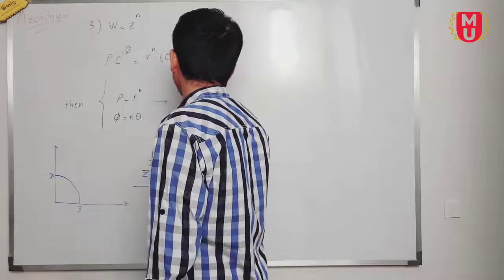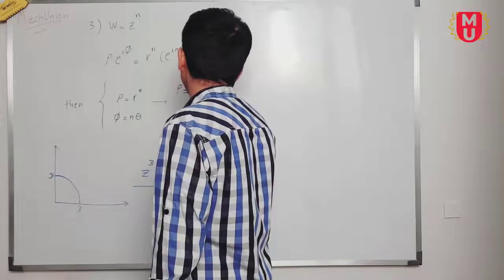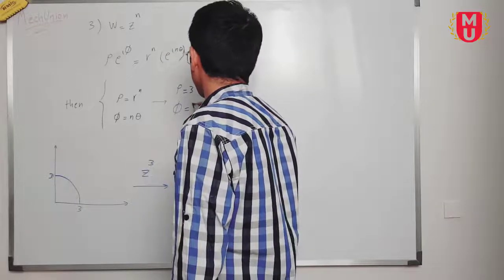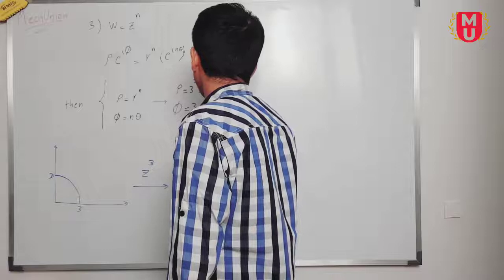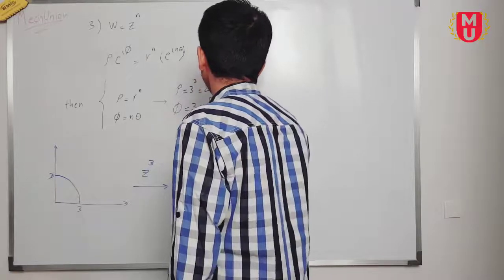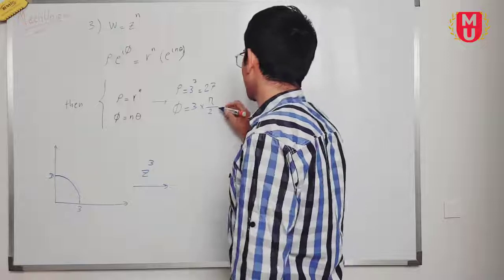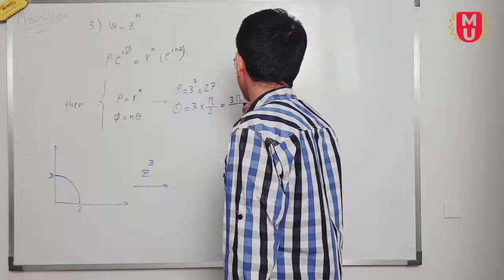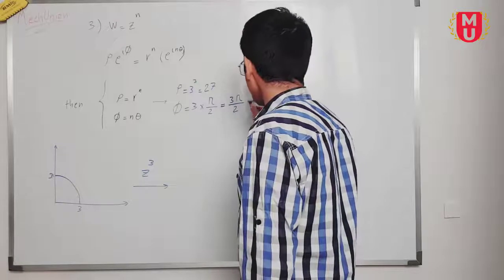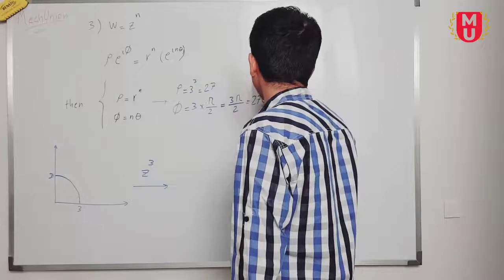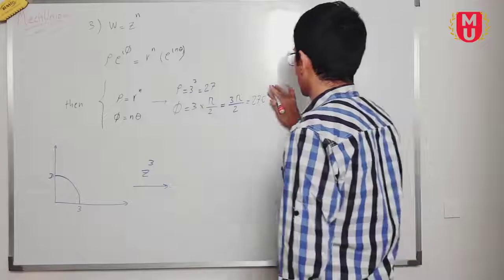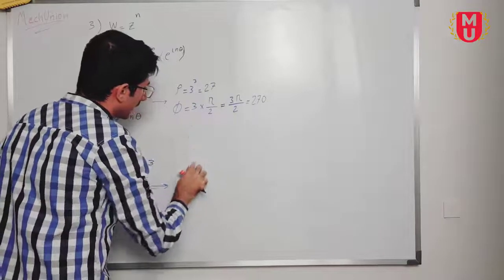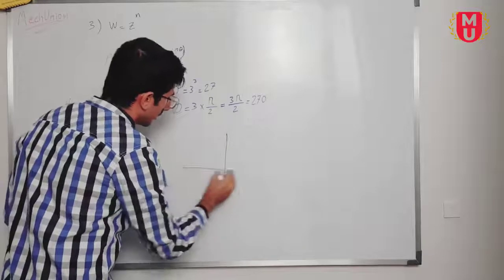Rho becomes 3 to the power of 3, 27, and n theta, 3 times pi over 2, becomes 3 pi over 2, or 270 degrees, in a counterclockwise direction.